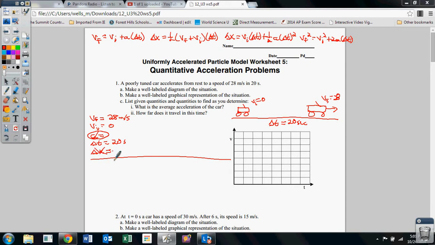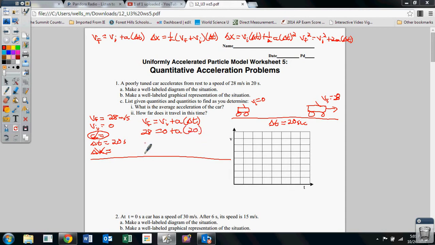So we look up at our equations, and we can see the first one's going to work here. So VF is equal to VI plus the acceleration times the change in time. If you look at that, we always want to write it out in terms of the symbols first, because then it's really clear how to substitute in. So I'm going to say 28 is equal to 0 plus A times 20.